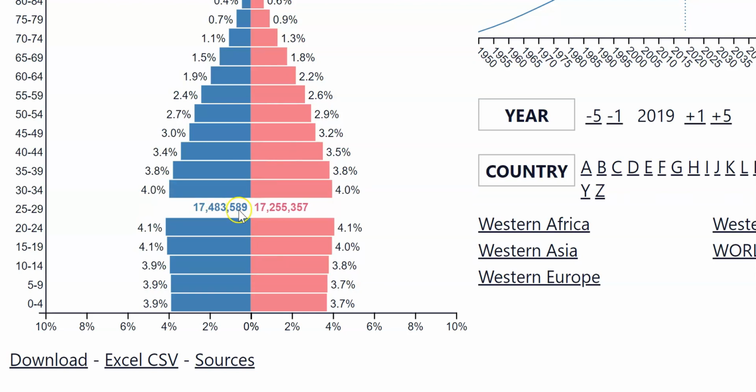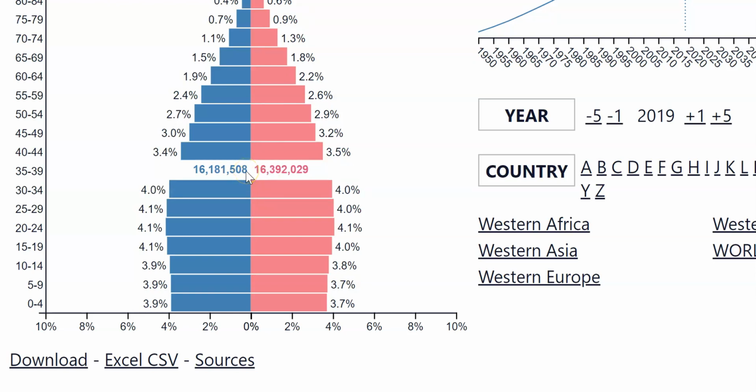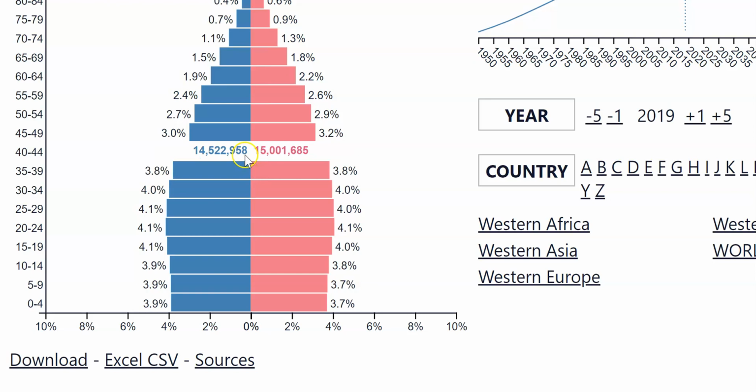As you can see right here, you can see the different populations, right? There's about 16,960,500 males and 16,925 females. So there are more males at the youngest ages, but as you progressively get higher, there start to be fewer and fewer males.